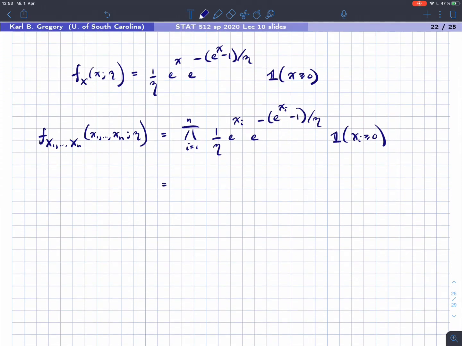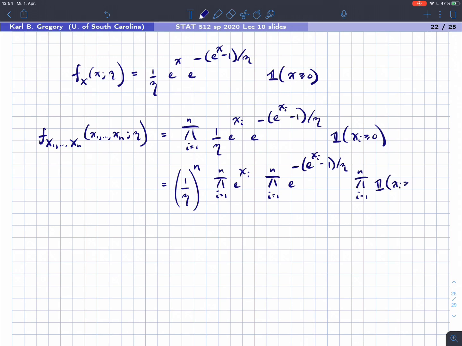All right, so this product acting on 1 over eta is going to give me just 1 over eta to the power n. Then I'm going to have product of e to the xi. Then I'm going to have product of e to the minus e to the xi minus 1 over eta, and then product of these indicators.